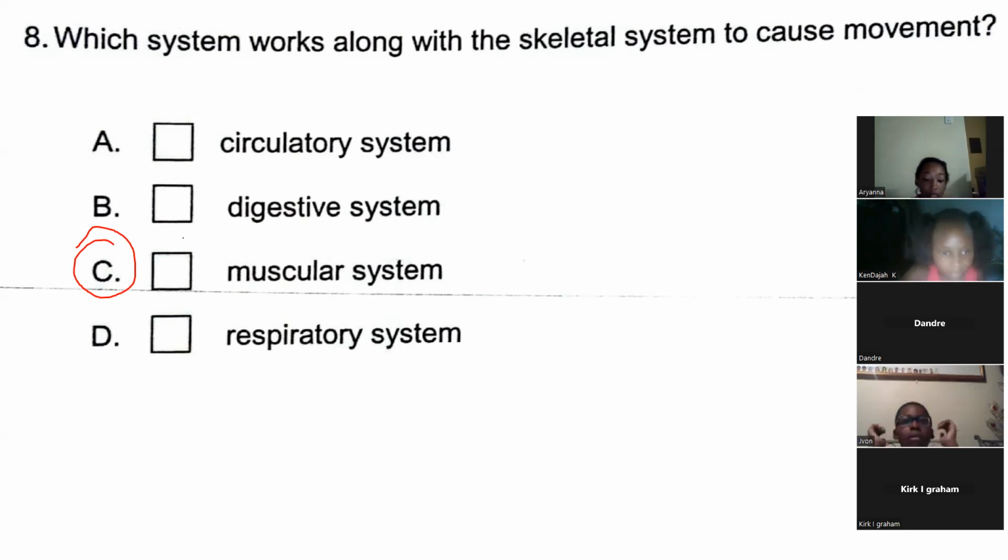B. The digestive system. Or C. The muscular system. Or D. Respiratory system. It is C. The muscular system. That's correct. So the correct answer is C.